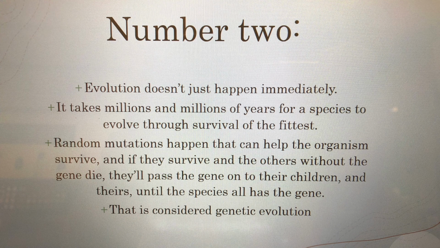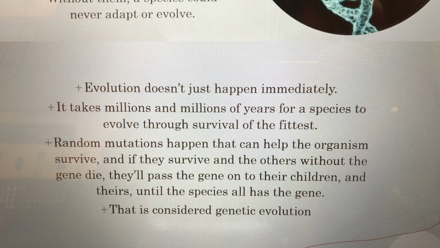So say in millions of years that disease breaks out, and the only ones able to survive are those that have been passing the gene to their offspring. Well, eventually everything else that does not have the gene dies out, and you're left with only the organisms that have the gene. This is what survival of the fittest is.